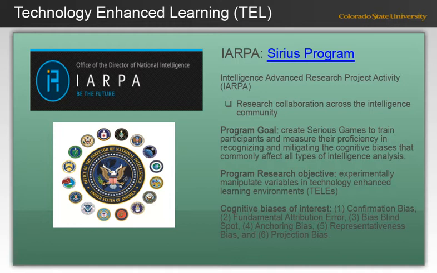So one of the things that IARPA was interested in is whether or not games could help players recognize these cognitive biases may be at play, and then encourage behavior in game that would help them mitigate the effects of these biases on their decisions.